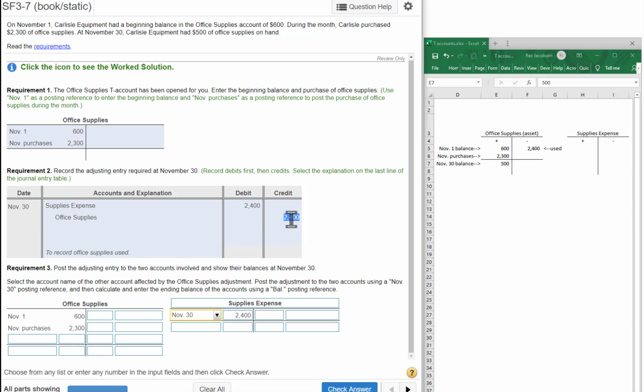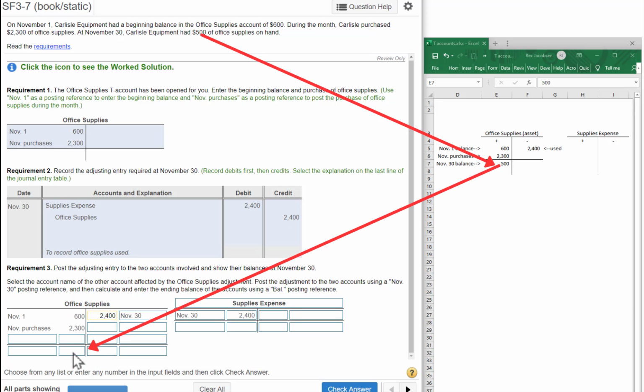And then we've got office supplies being credited, $2,400, November 30th. And then what's the balance? Well, of course, we've already done the balance over here, but just double check your math. 600 plus 2,300 gives us 2,900 minus 2,400 gives us a new balance of 500.